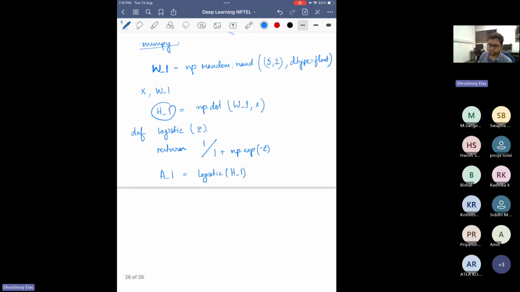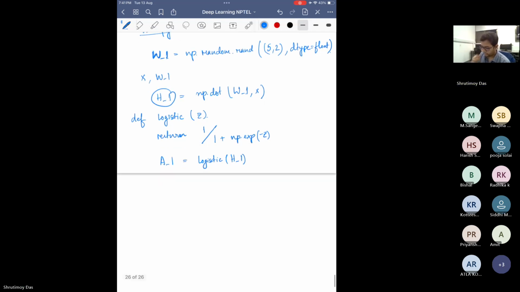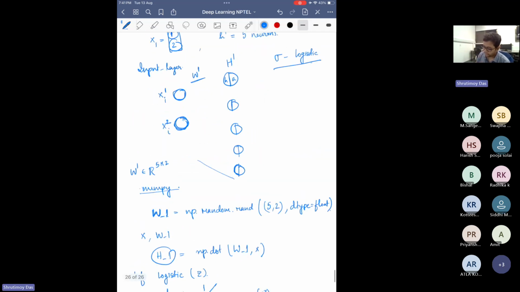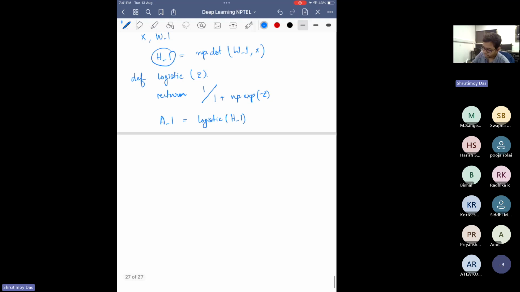So I'm explaining in terms of Python code because that is the easiest code to write. You can write it in MATLAB or whatever language you're familiar with. Now we had H1, now we got A1, and because it is a regression problem, suppose I have another layer of 3 neurons and a W2.